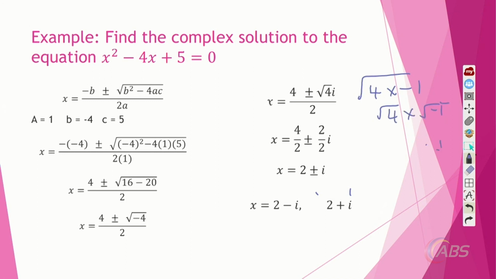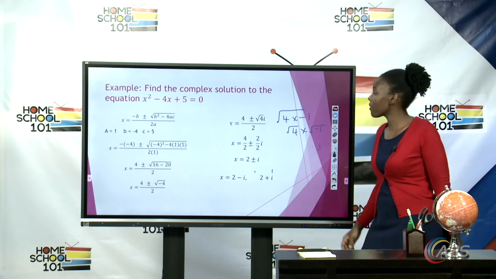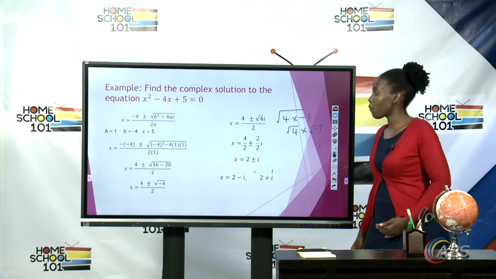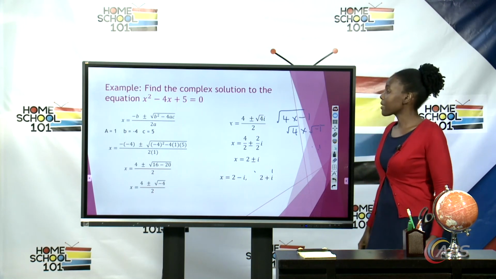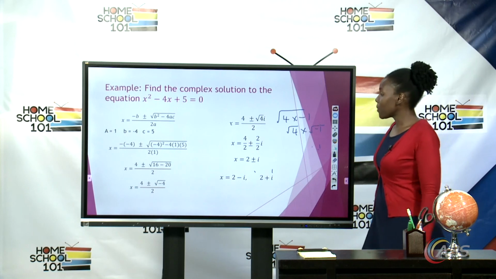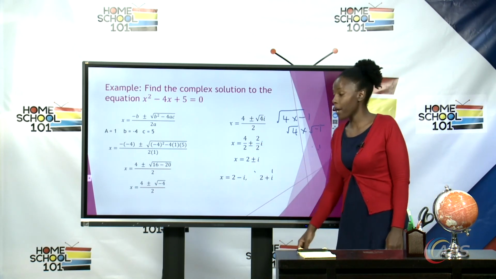Then I can make the substitution for the square root of negative 1, so it becomes the square root of 4 times i. Now we know that the square root of 4 would give us 2, hence it becomes 4 plus or minus 2i.